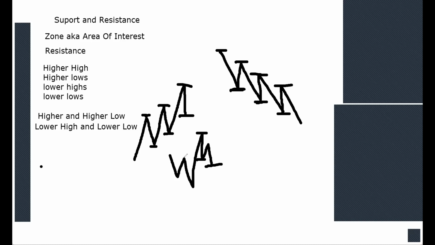So even though it created the lower low, it was followed by a higher high, which was followed by a lower high. So because it created a new high followed by a lower high, you would not take this trade right here, even though it's going down. In order to take this sale, you would need this to break past.